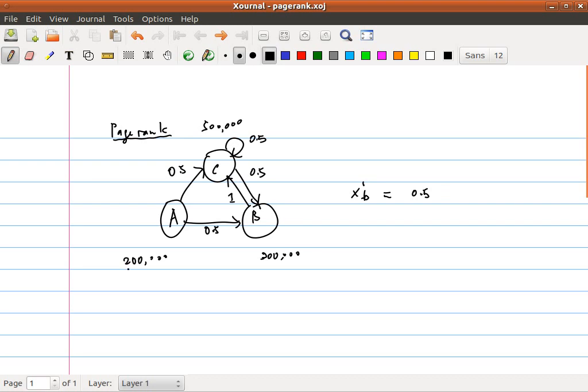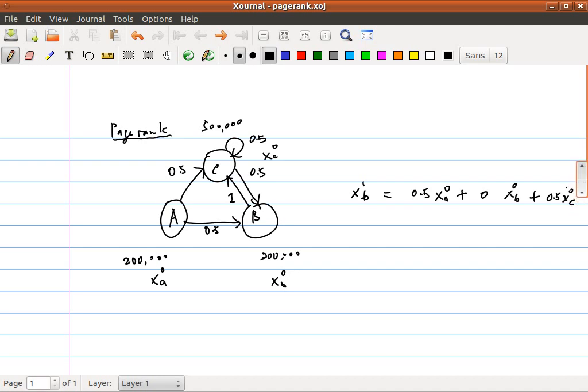Instead of 200,000, let me write XA0, representing the number of people in A at the initial period of time, and likewise xb0 and xc0. So the number of people for B will be 0.5 xa0, plus, since B is not going back to itself, 0 xb0, plus, for C, there's 0.5 chance to point to B, so 0.5 xc0.